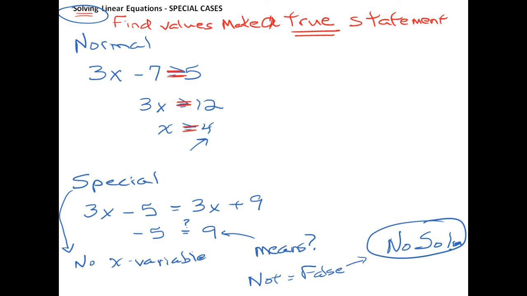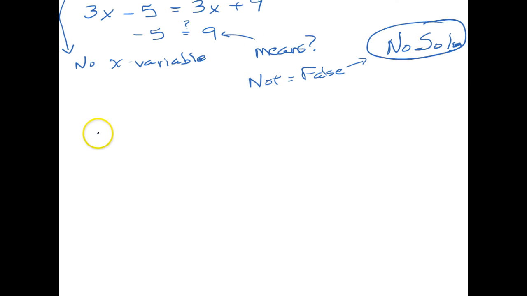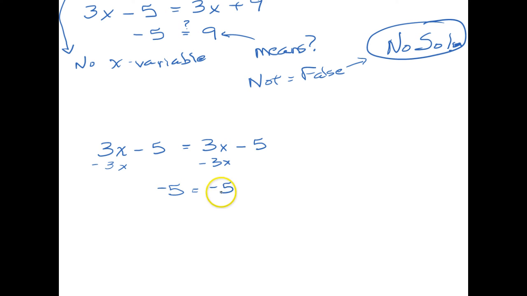On the other hand, another special case is, what if we have 3x minus 5 on one side and then 3x, and we wind up with minus 5 on the other side? So when we go to subtracting our like terms and trying to get them on the same side, lo and behold, we wind up with a true statement.